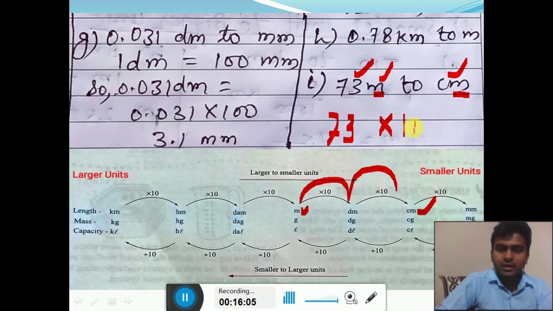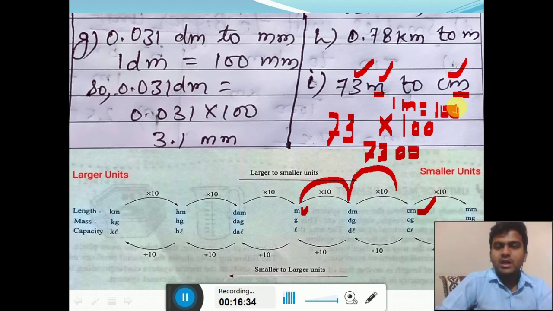So after 1, write down 2 0s. And then multiply 73 by 100. So you will get 7300. So we can write 1 meter equals 100 centimeter. That's why we have multiplied by 100. Now move on to the next question.